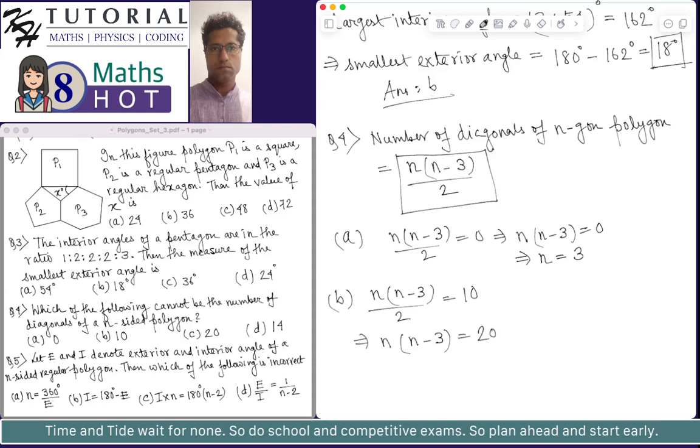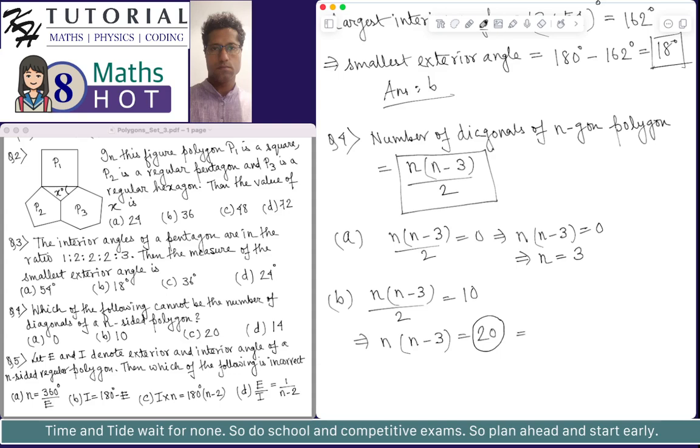Now we need to see if we can factorize 20 into two factors, where one factor is 3 more than the other, because the left hand side is n into n minus 3. So n minus 3 is 3 less than n.